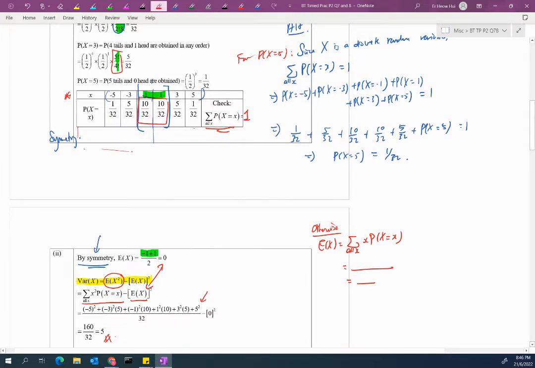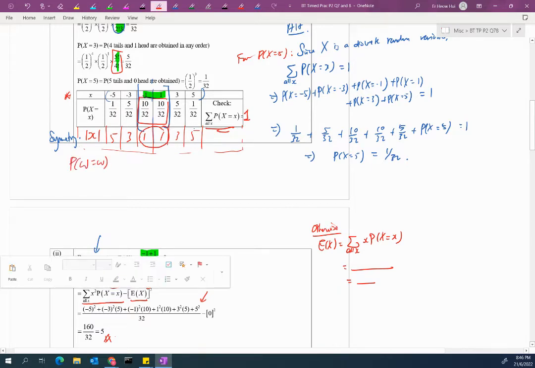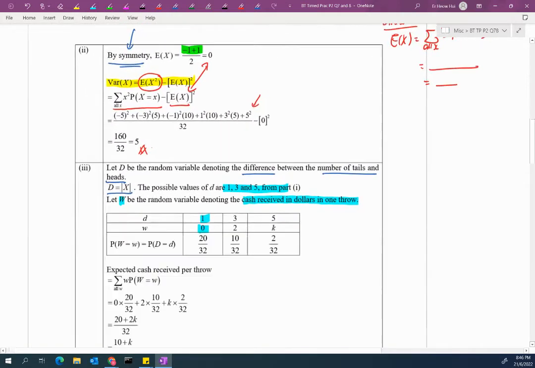If you look at this PDF table, mod X would be 5, 3, 1, 1, 3, 5. So for P of W equals 0, that will be when mod X equals 1. It's the sum of the two, and that's how you get 20 over 32.